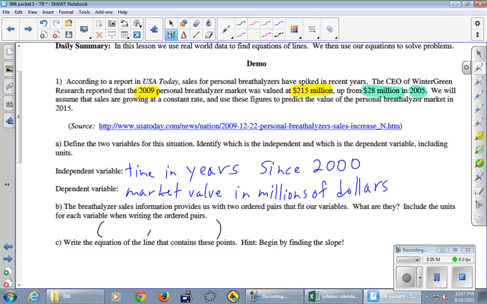Remember we said since 2000, so we rescaled everything. So 9. And then what's the y value, which is the market value? 215, and the million is already covered by our description. Okay, go ahead and write the other ordered pair. I highlighted that one in blue.